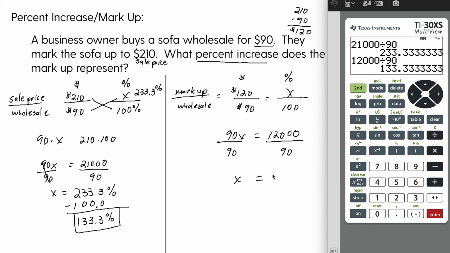Sure enough, we get the same answer. So these are tricky problems. You have to do not only just the cross multiplying and dividing, but you're going to have to do some subtraction to find exactly what they're doing.